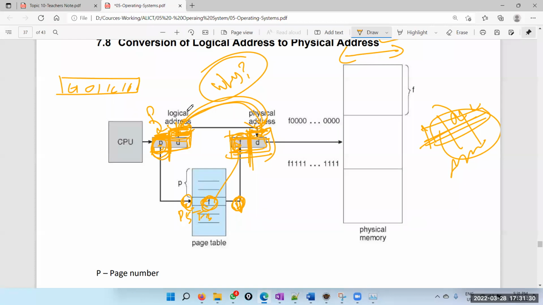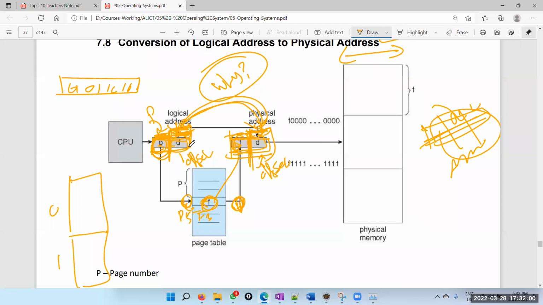Maybe. Right. So the reason is this part is called the offset. And of course, this part is also the offset. Now remember, your data is in a particular page. Different pages have page numbers, page 0, page 1, etc. So the first portion is the page number.